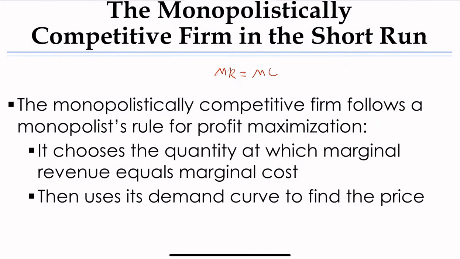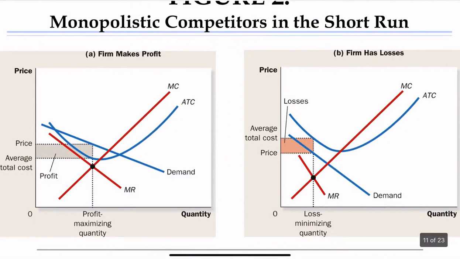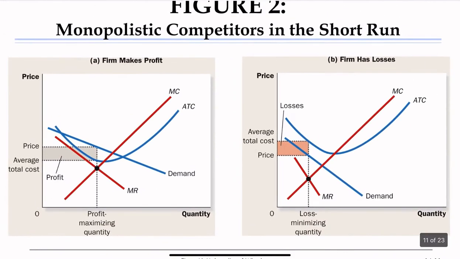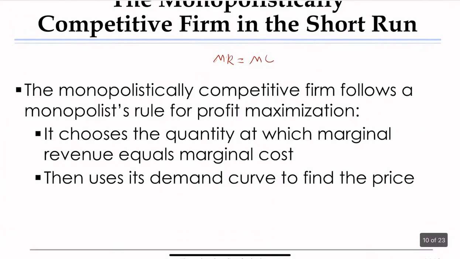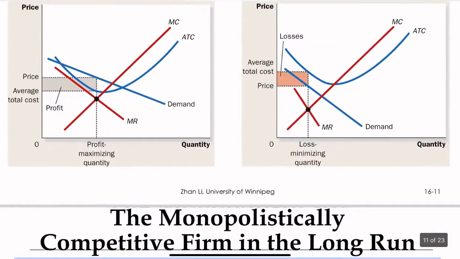So basically now we will actually follow similar steps we have laid out in the Monopoly chapter. So first we will think about the firm, right? The firm will determine its quantity when marginal revenue equals marginal cost. And then we will use the firm's demand curve to find out the price.